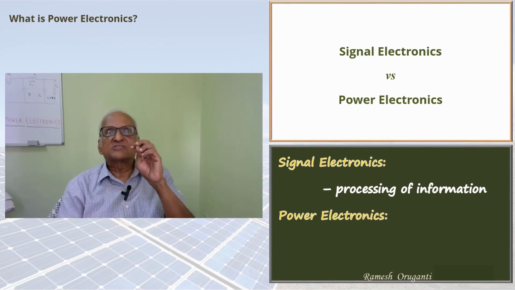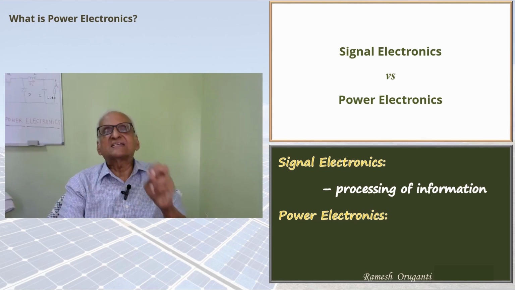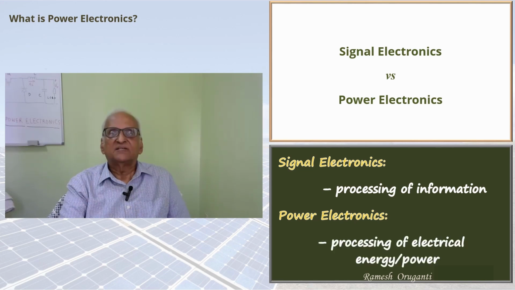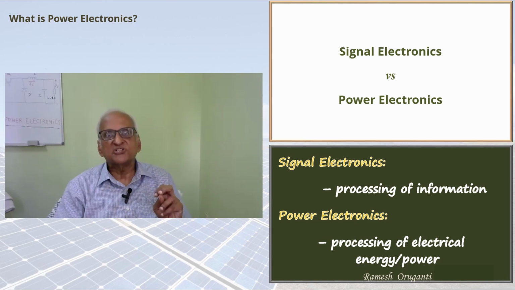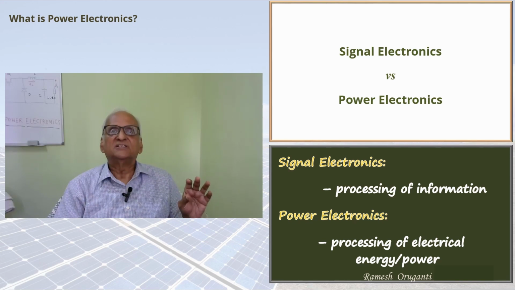Power electronics, on the other hand, processes electrical energy or electrical power. So while signal electronics or microelectronics processes information, power electronics processes electrical power. So that is the main characteristic. It is electronics. It processes power using electronics.